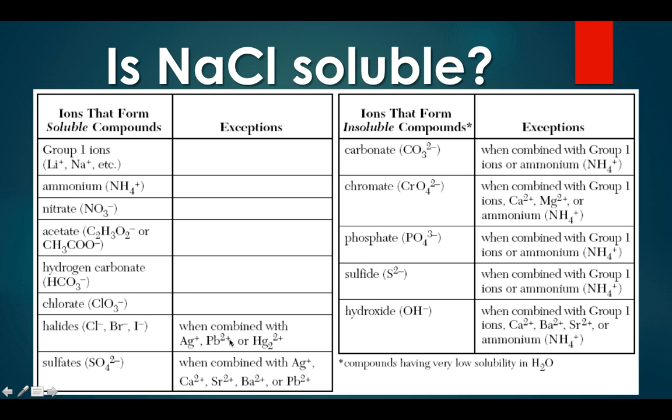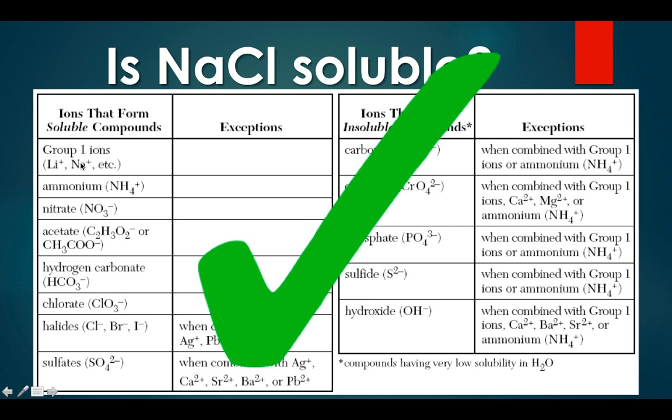But notice the exceptions, right? Sodium isn't listed as one of the exceptions. So, since chlorine forms soluble compounds and sodium forms soluble compounds, the whole thing is soluble. Okay? All right, let's take a look at another one.